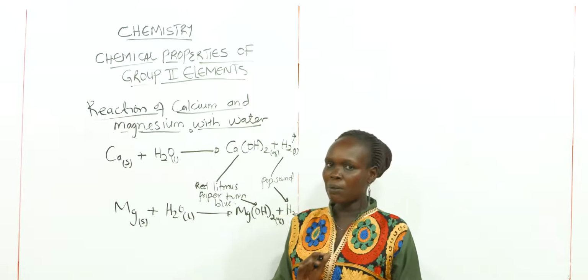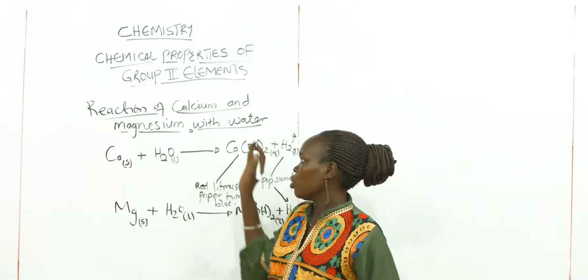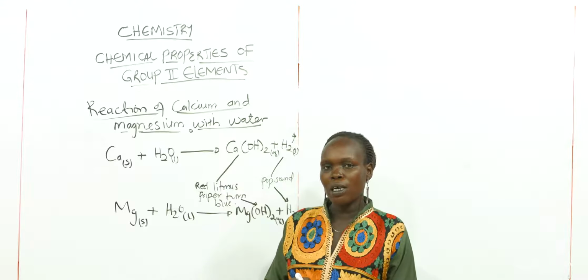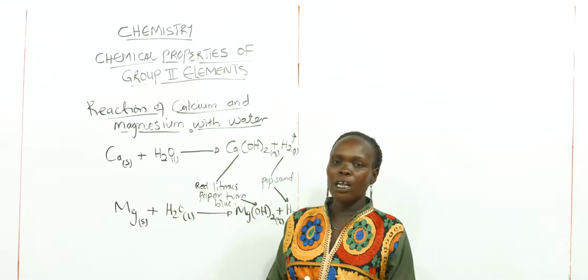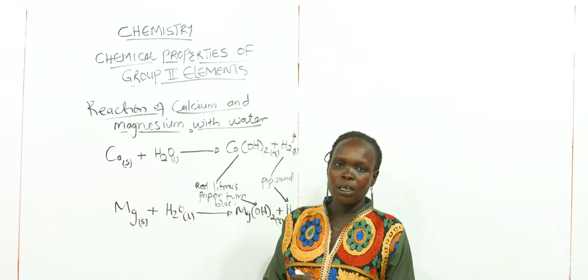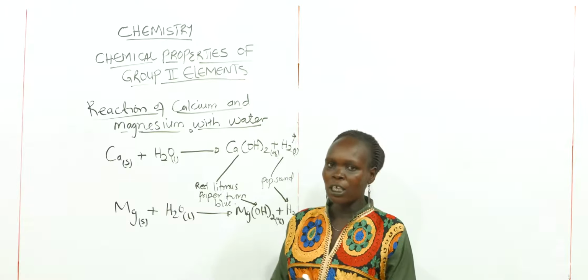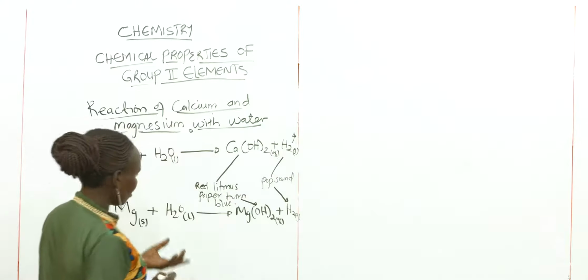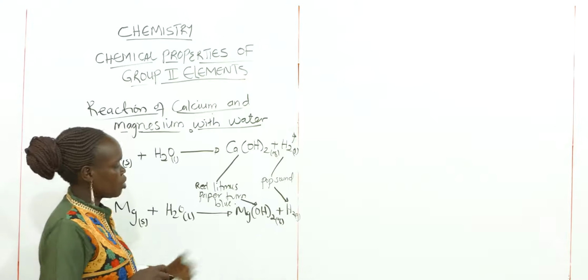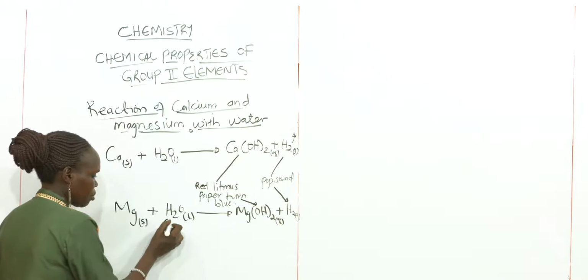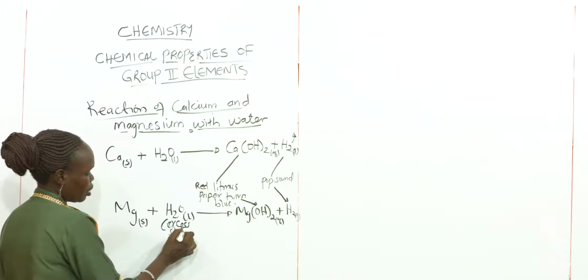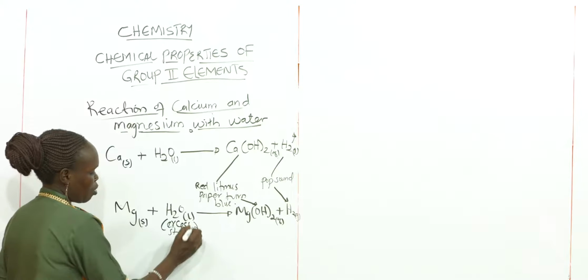So the reaction of magnesium with water will first give us magnesium oxide, but if you add more steam or more hot water and increase the boiling, you will have magnesium hydroxide form. So the first reaction here gives magnesium hydroxide when the steam is in excess, more steam.